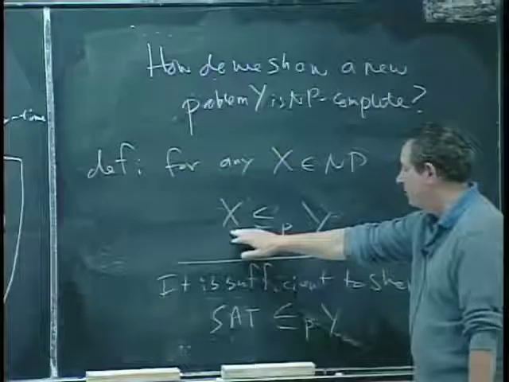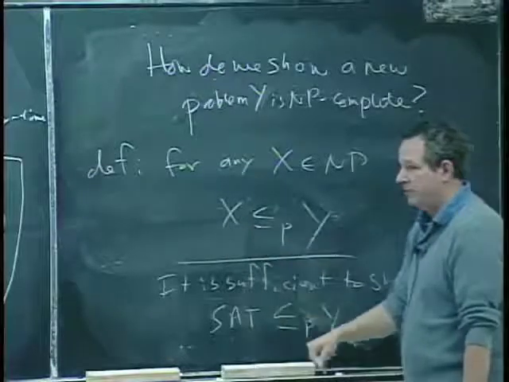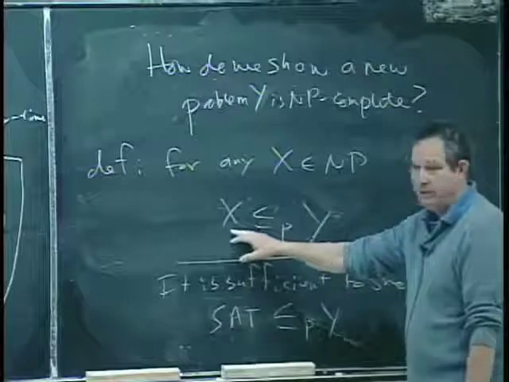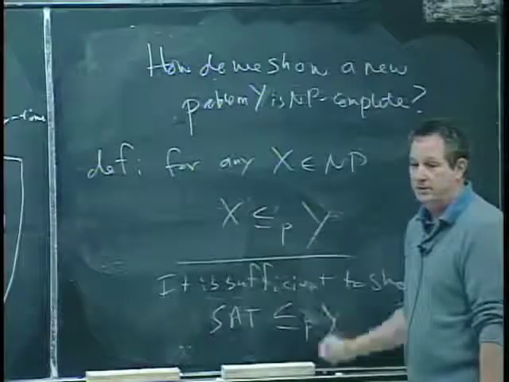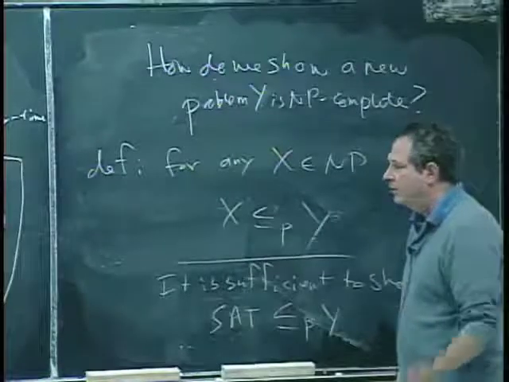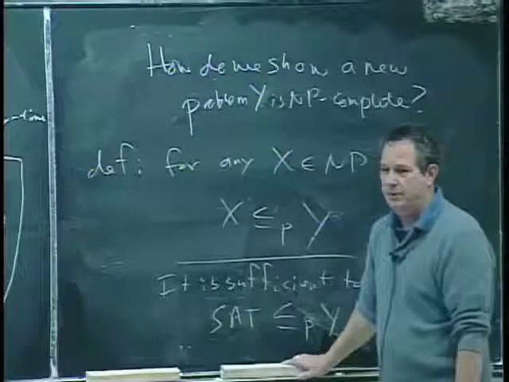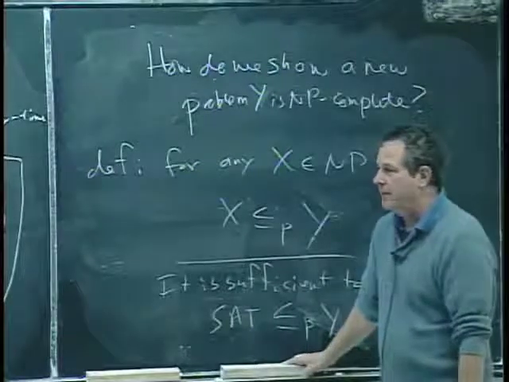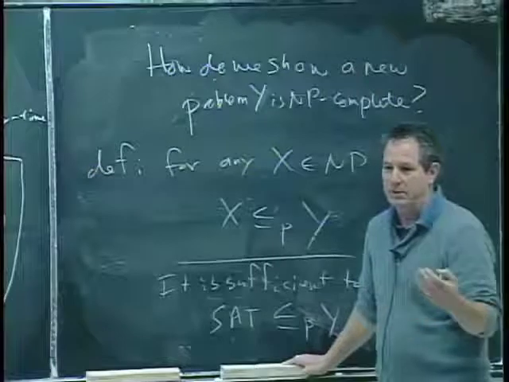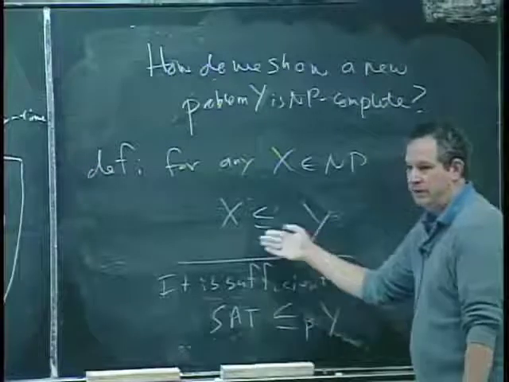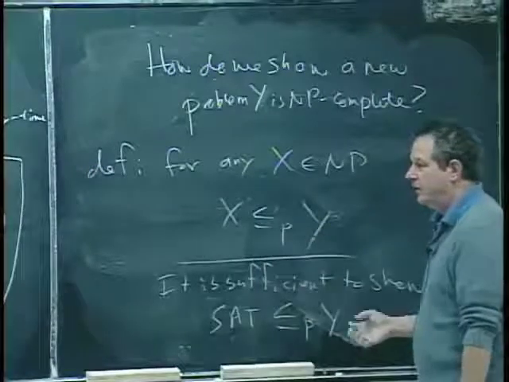If you find a problem in the known repertoire, the known library, that's pretty close to what you want to do. And your homework asks you to prove something's NP-complete, I believe. There's one problem. Either that or it asks you to do a reduction, but that's the hard part of it, doing an NP-completeness. Let me just say one more thing.